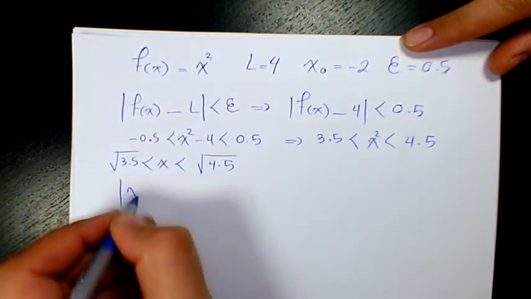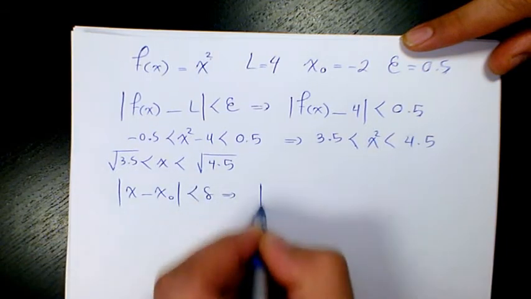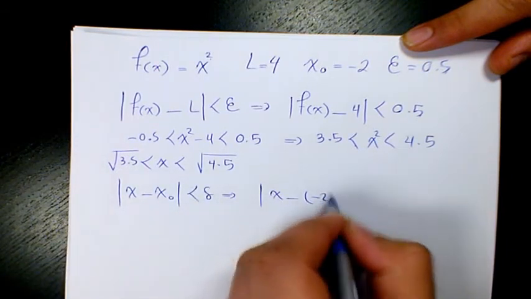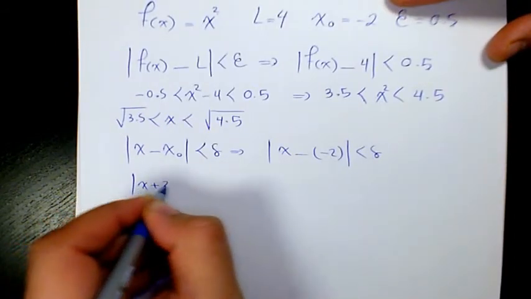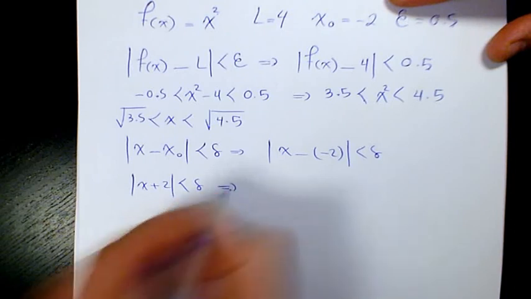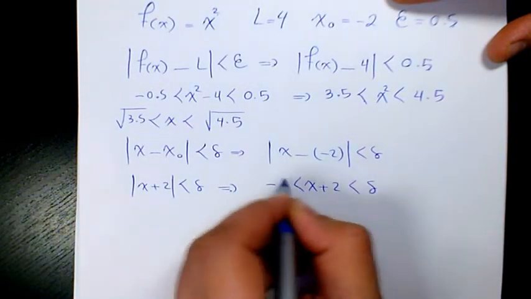On the other hand, the absolute value of x minus x naught is supposed to be less than delta, which is x minus negative 2 less than delta. So |x plus 2| is less than delta. So we can say x plus 2 is less than delta and greater than negative delta.